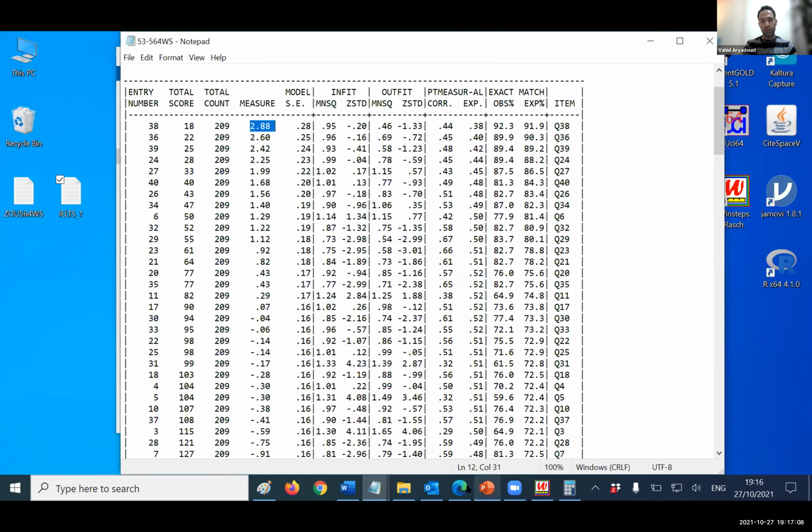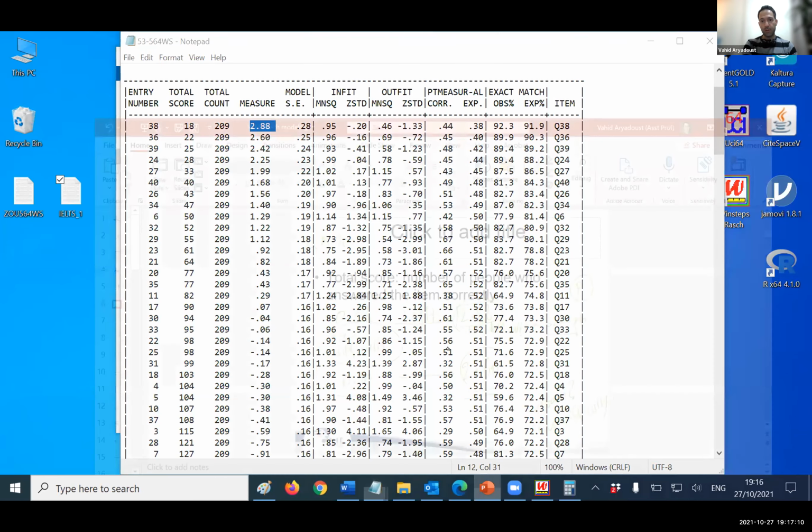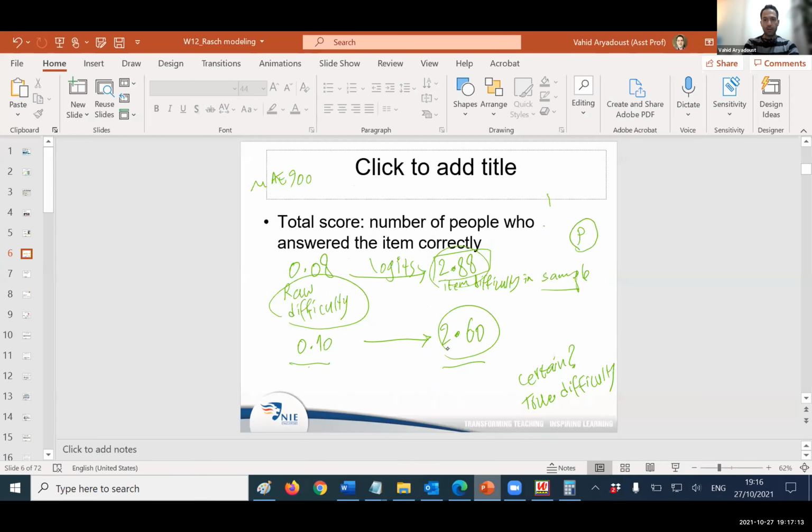0.28. Okay, that means in this population, my item falls between 2.88 plus minus 0.28.